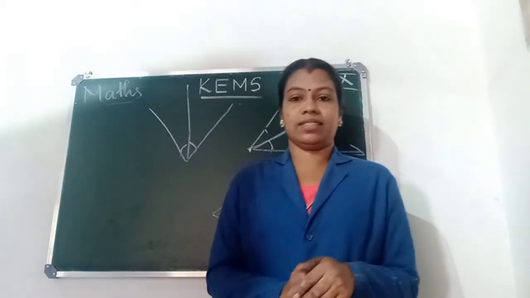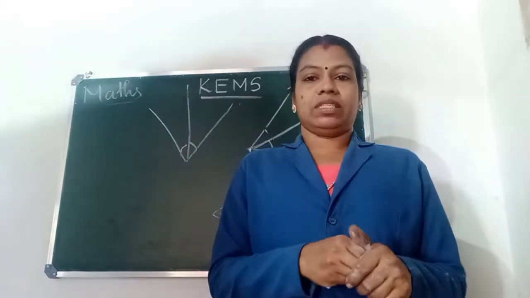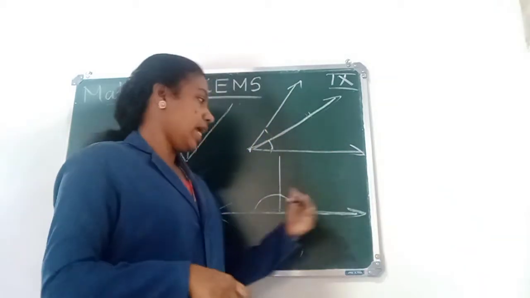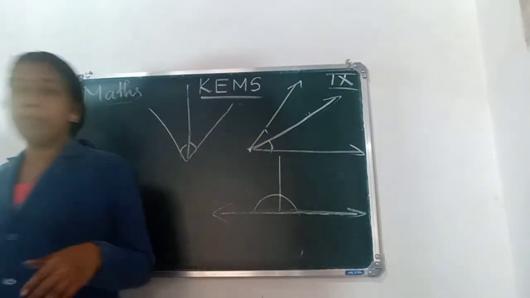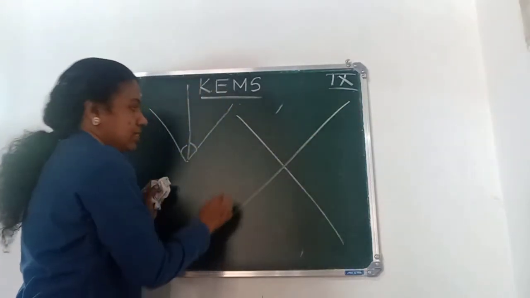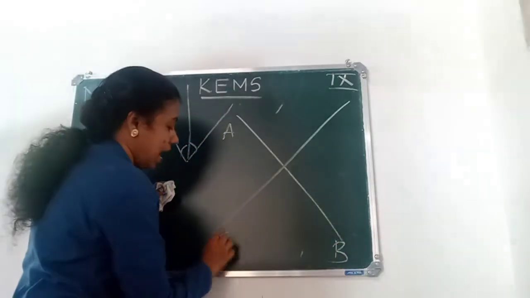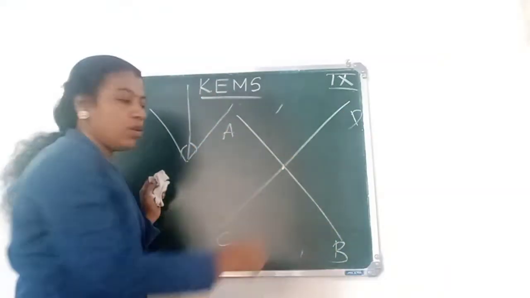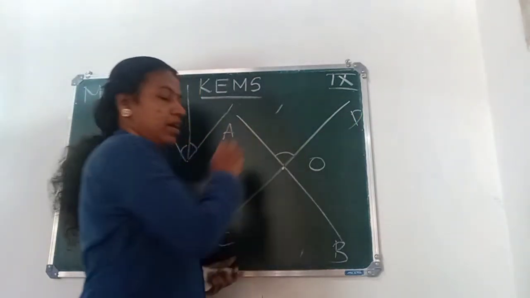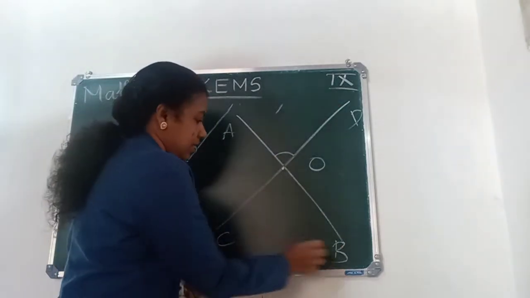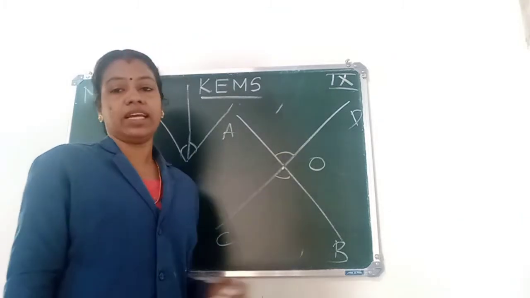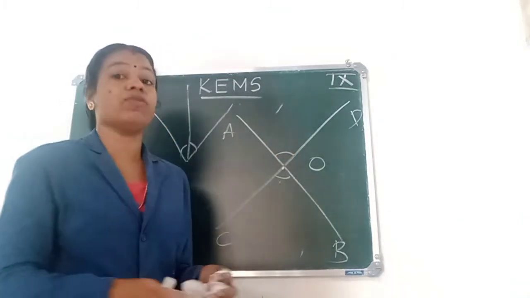Vertically opposite angles. Vertically opposite means if two rays AB and CD intersect at a point O, then the pair of angles AOD and COB is known as vertically opposite angles, just opposite.